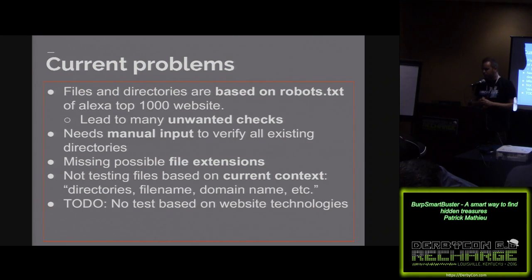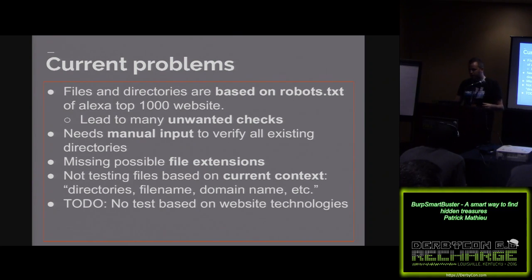There's also the problem that when you use Dirbuster, you need to do manual input. If there's a directory that exists, you need to tell the tool to check this specific directory. It's not checking file extensions, and it's not checking the current context of what you're browsing to or what the website has.